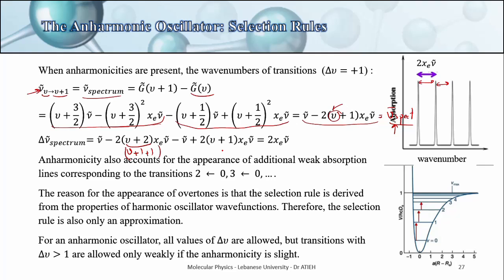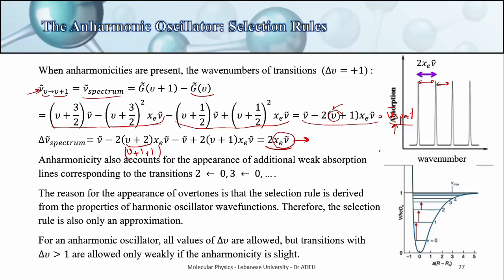The idea is that I'm just trying to find the distance between two lines on the absorption graph, the separation of wave numbers between two consecutive lines. So it came out to be 2 x_e nu bar. This x_e nu bar is the anharmonicity constant that we have seen in the previous slide. So each two consecutive lines are separated by a constant 2 x_e nu bar.